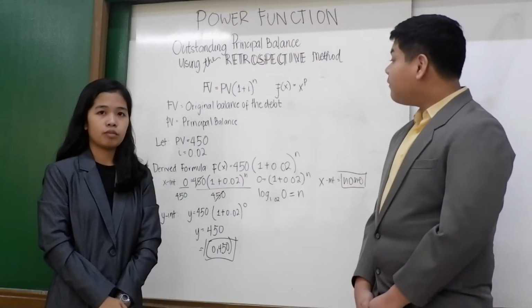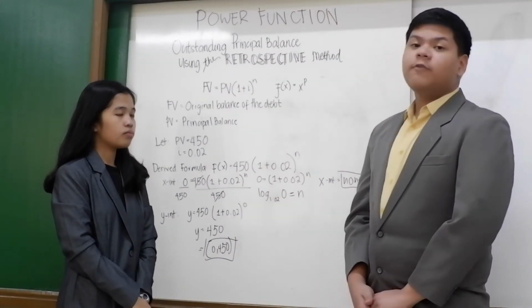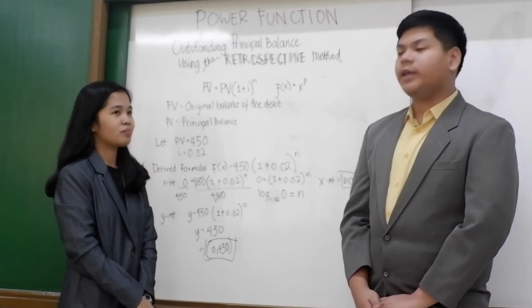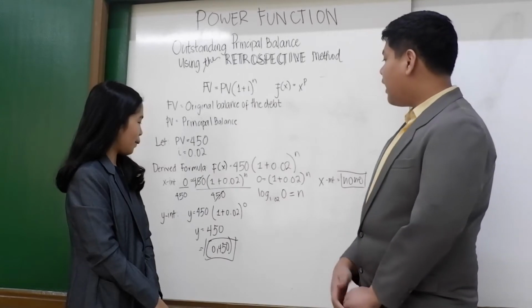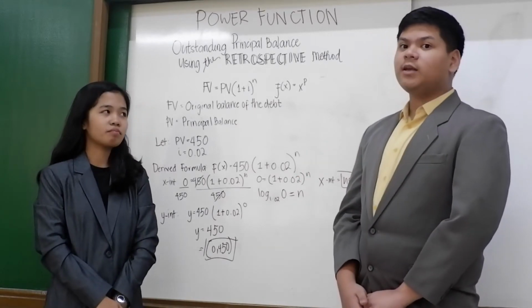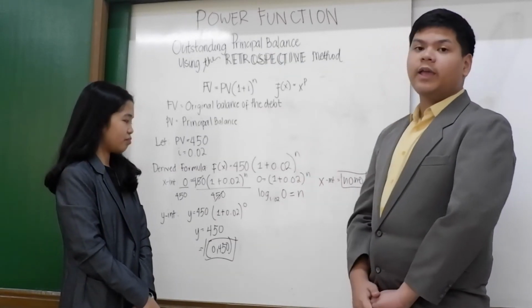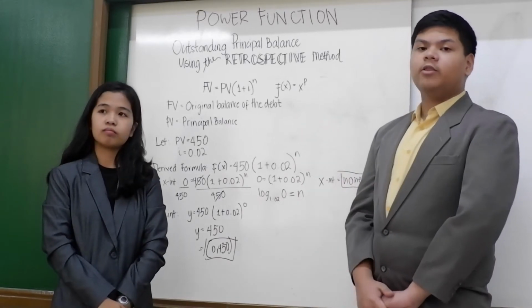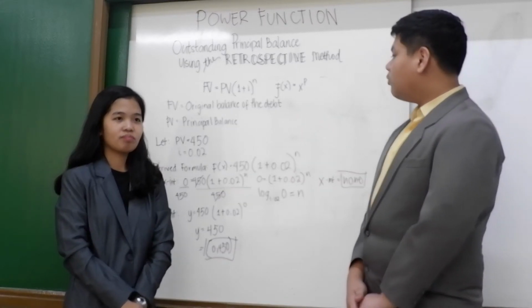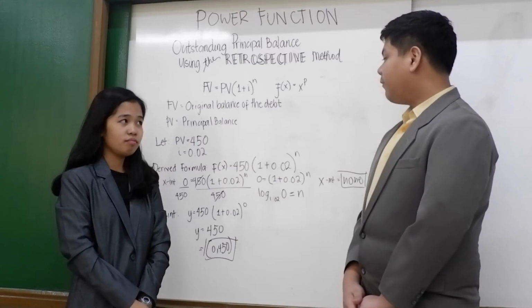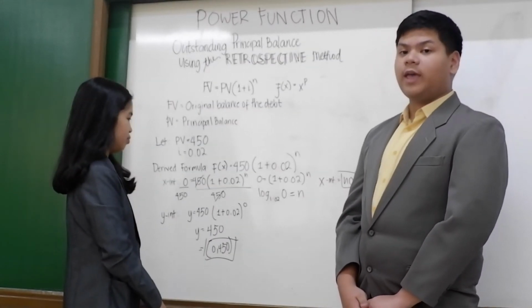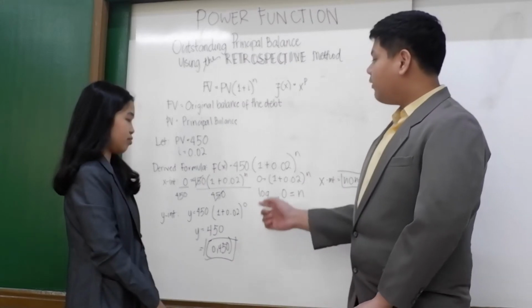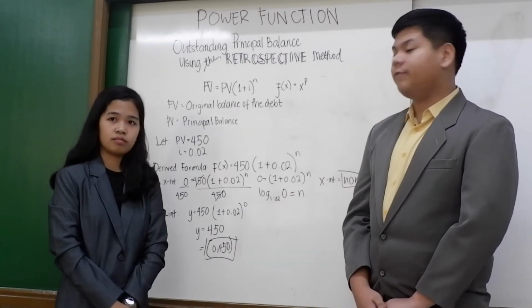So, to graph the derived formula, first we must get the x and y intercept. So to get the x-intercept, first we use the derived formula. We substituted the f of x to y, which resulted to y equals 0. So 0 equals 450, quantity 1 plus 0.02 raised to n. Afterwards, we divided both sides by 450.